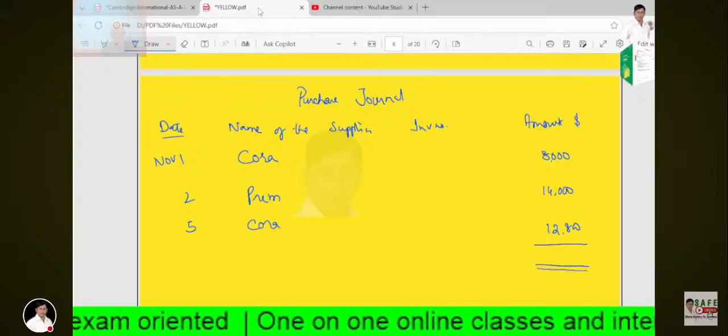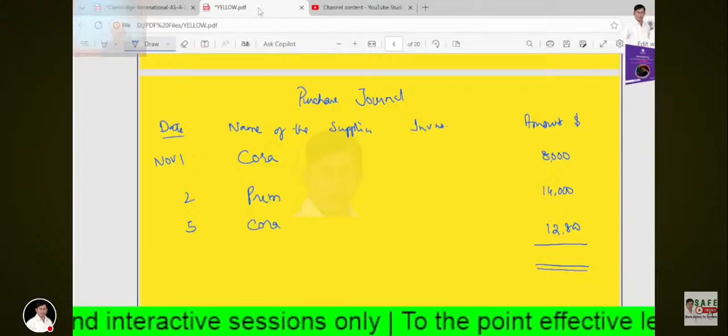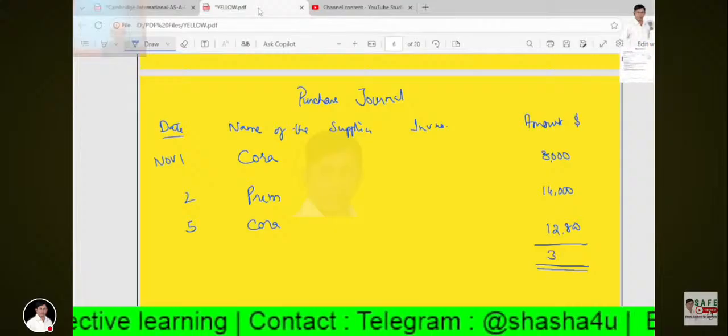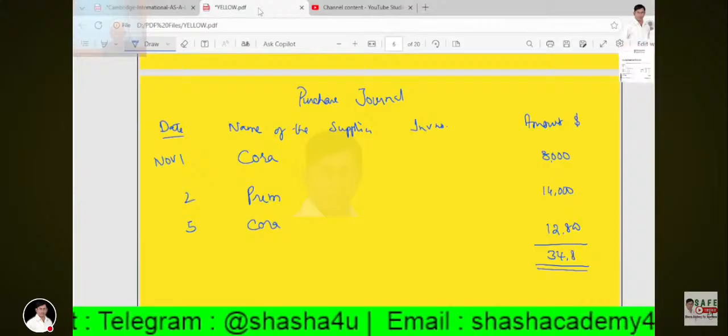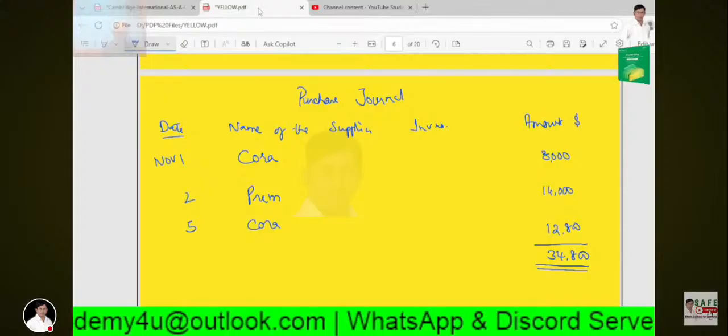So what is the total purchases? 8,000 plus 14,000 plus 12,800 is 34,800. So these are the total purchases.